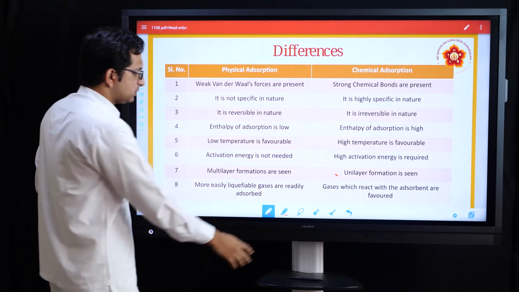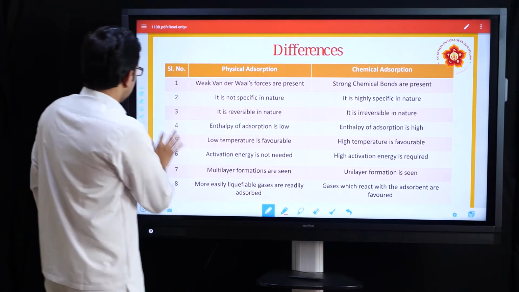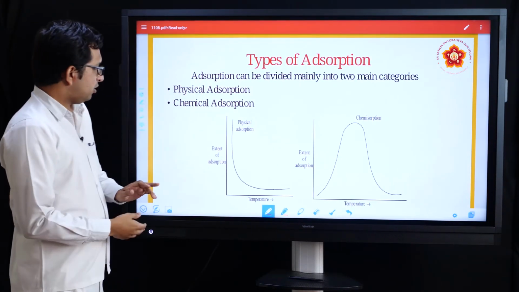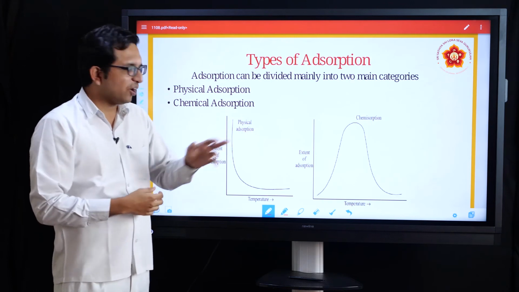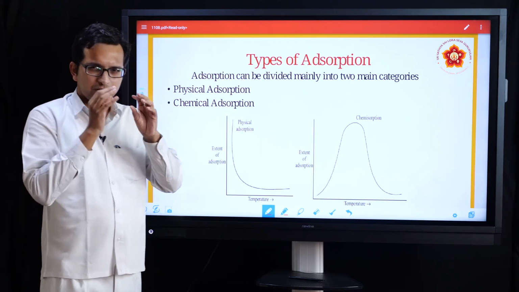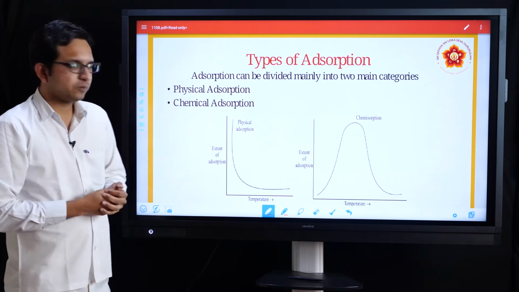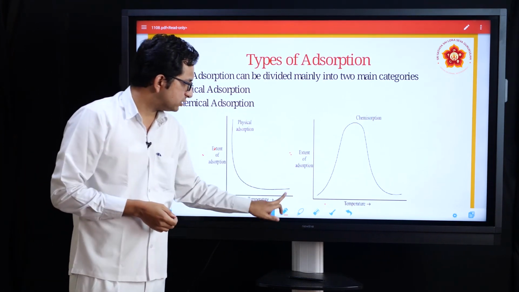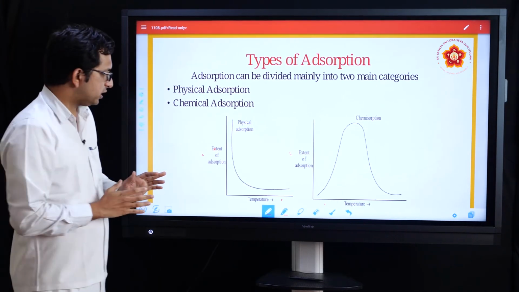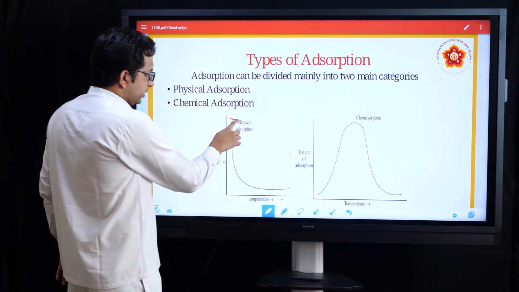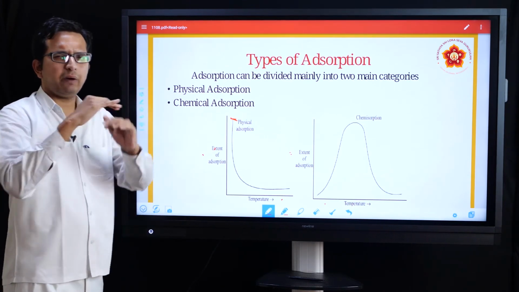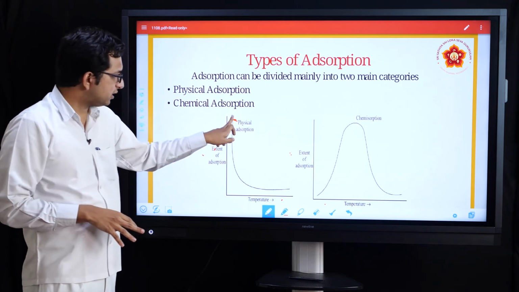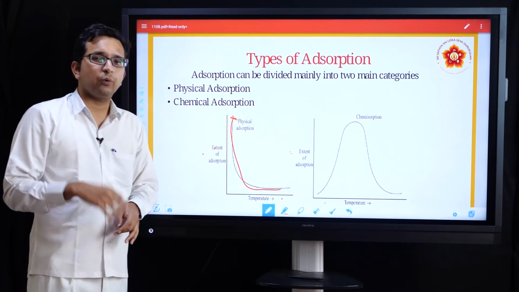Now having seen the differences, let's come back to this graph. With all that understanding, we need to reason why the graph is so. The coordinates remain the same: extent of adsorption, and temperature at the bottom. What you understand here is that adsorption is pretty high in physical adsorption. If you increase temperature slowly, the adsorption keeps coming down. Why does it come down?